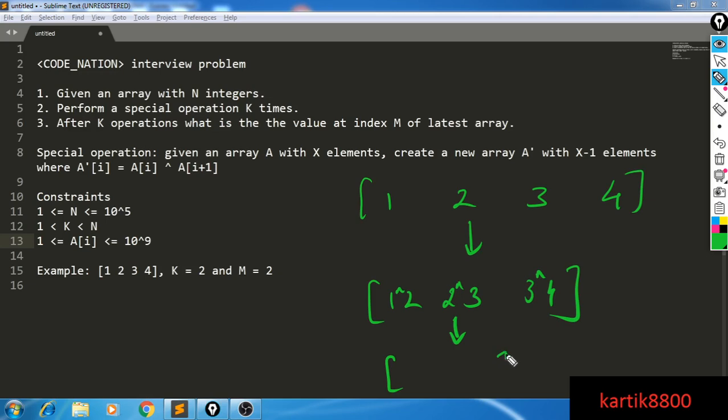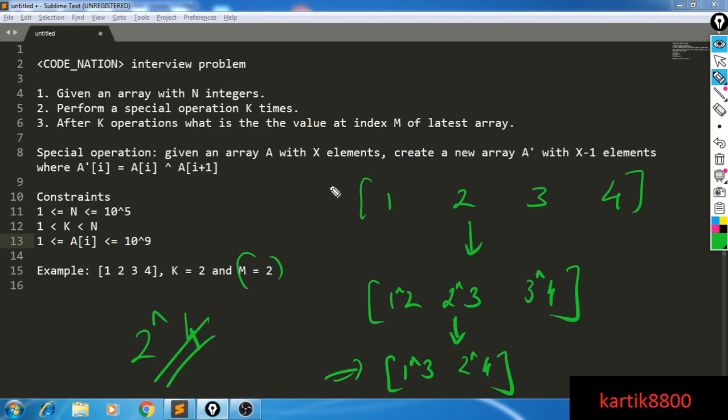Now you will get an array of two elements. The first element here would be 1 XOR 3, and this one here would be 2 XOR 4. And since they are asking us for the second element of this array, you will output the answer 2 XOR 4. Of course you have to perform the XOR operation, but I am not that good at calculating XOR in my mind. So yeah, the answer is 2 XOR 4. You will print that. So that's it.